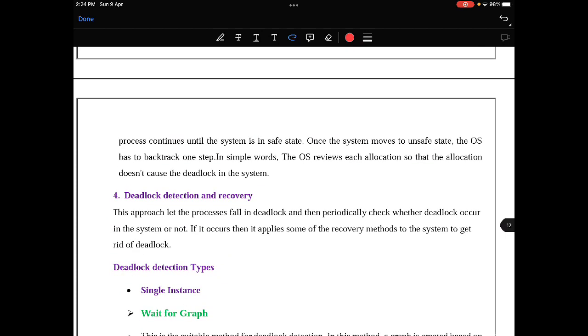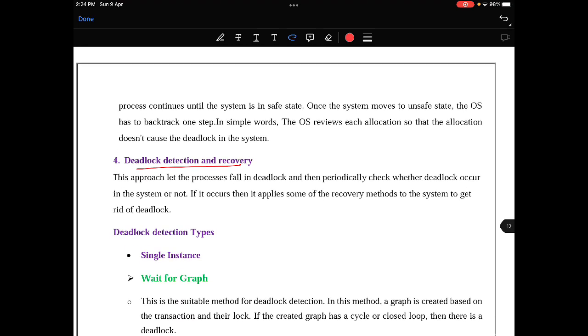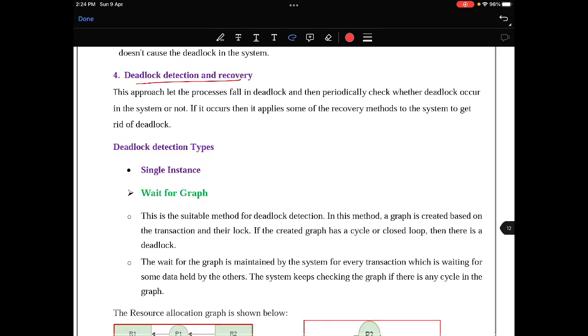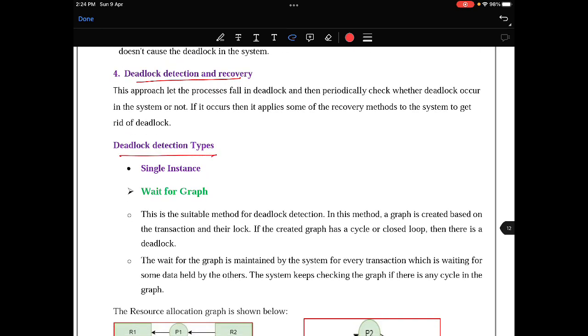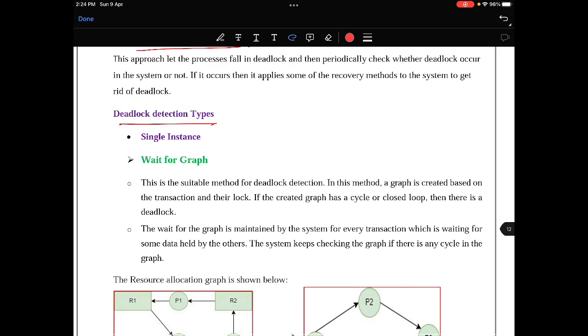Now, the last method, deadlock detection and recovery. If deadlock occurs, then we have to detect that deadlock has occurred and then start recovering from it. Now, the deadlock detection types. There are two types: single instance and multiple instance.